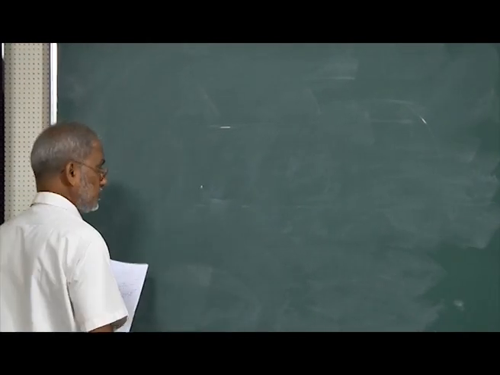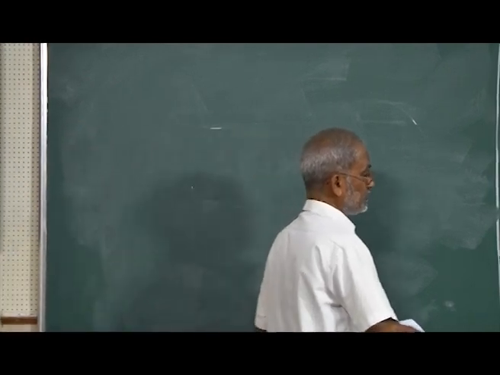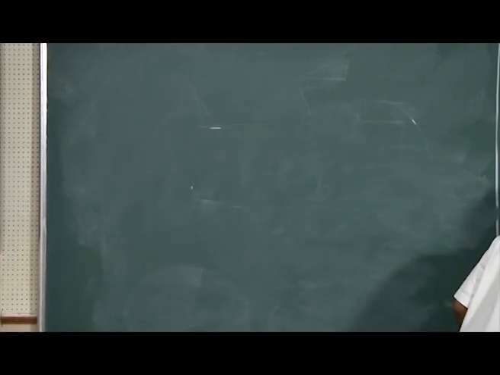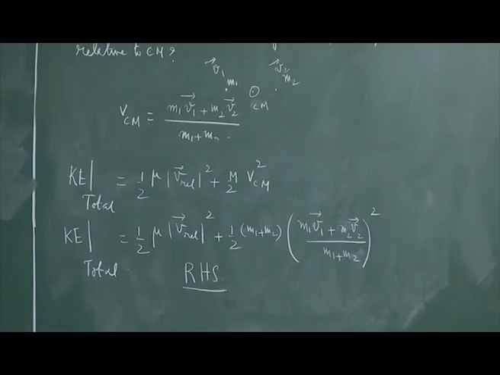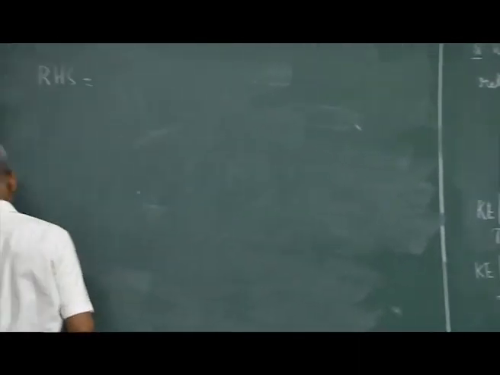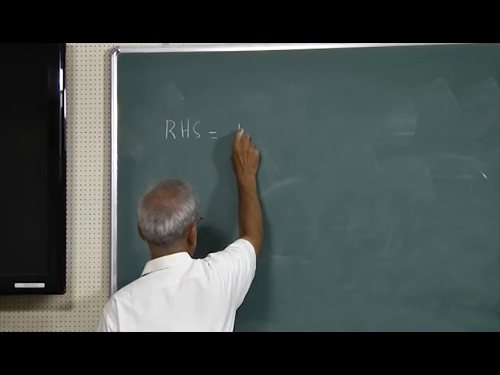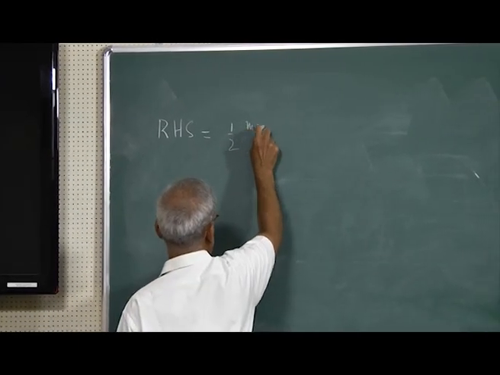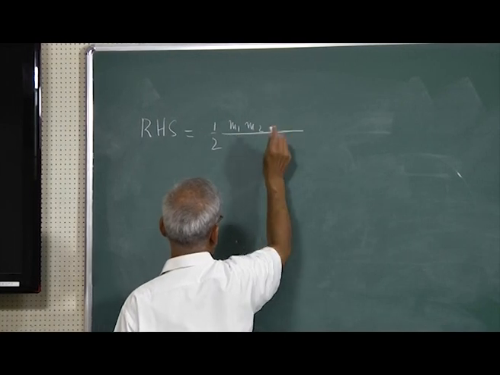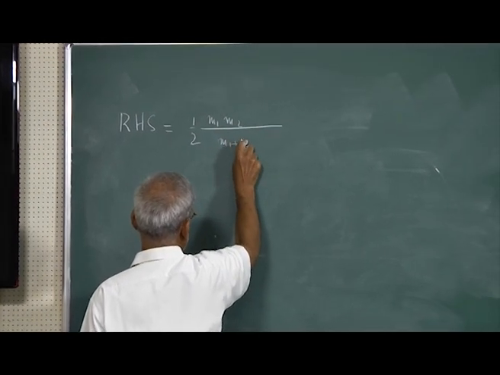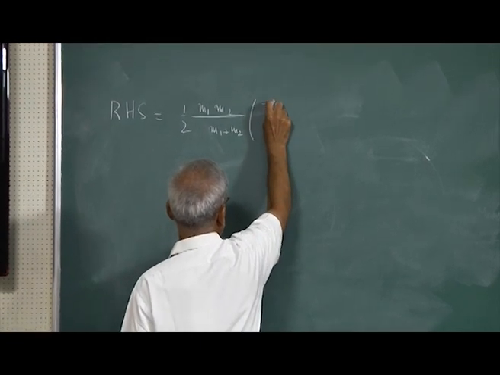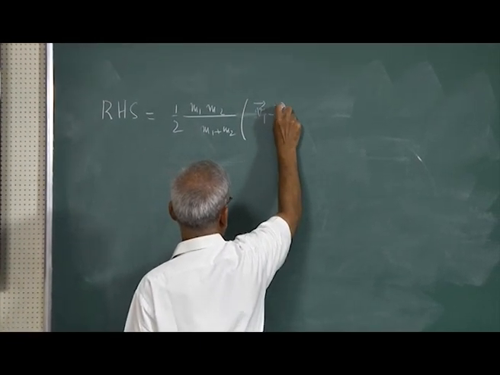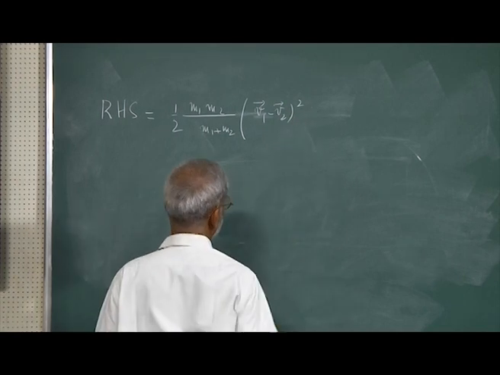Okay. So, I will call this the right hand side, and this is what I am going to calculate here. The right hand side expression is equal to half of the reduced mass, m1 times m2 divided by m1 plus m2, into the relative velocity, v1 minus v2, the whole squared, correct.